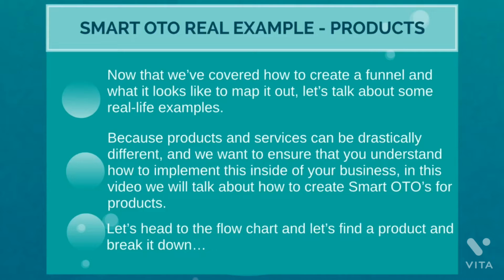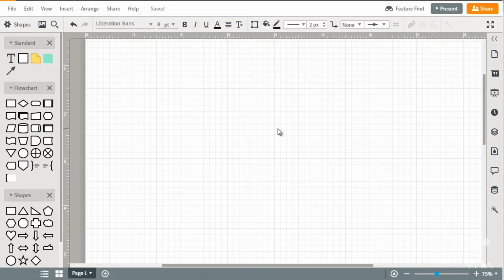Before we map out a product funnel, what I want to say is that you do not really need to have products throughout your funnel, meaning you could have a mixture of different varieties of products, of information products to better educate people about your product and more.